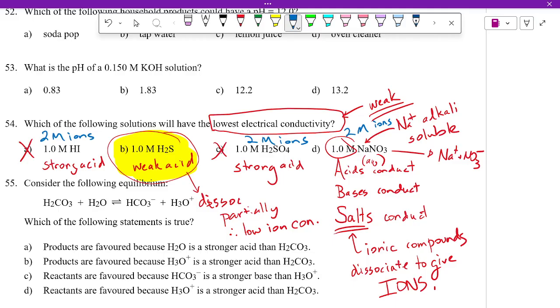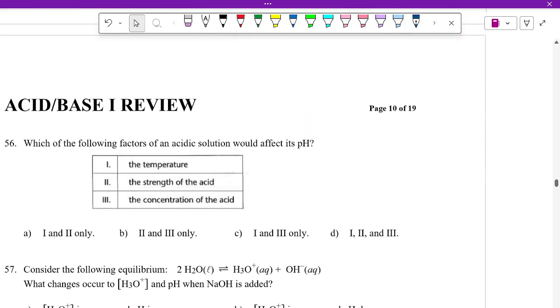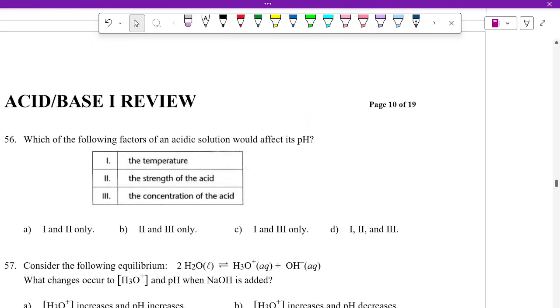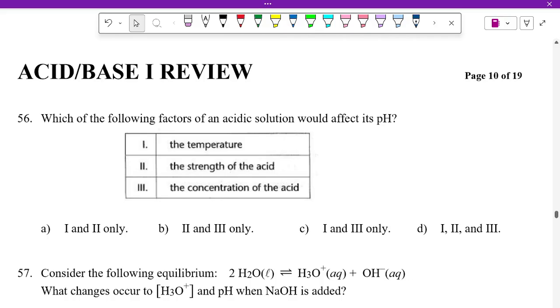All right, number 56. Which of the following factors of an acidic solution would affect its pH? Does temperature affect the pH of an acidic solution? Yes, because it affects the K, okay?